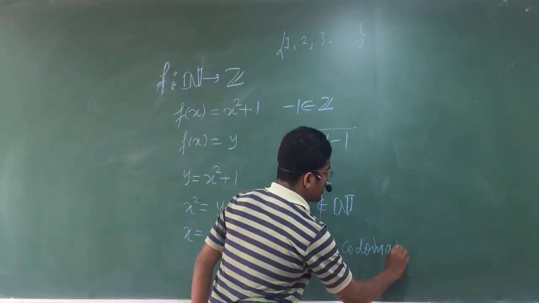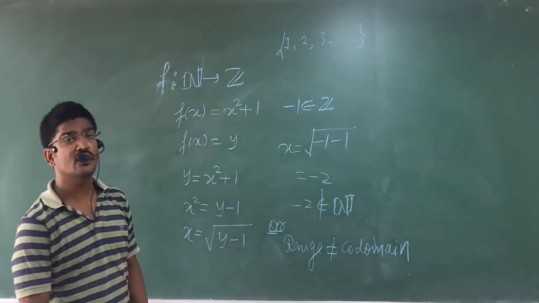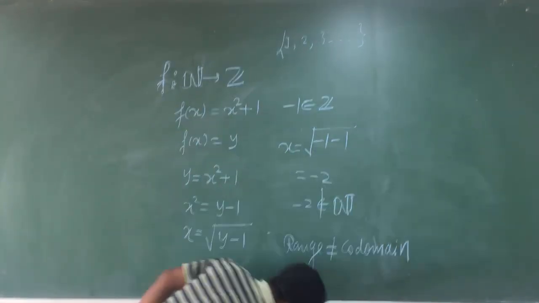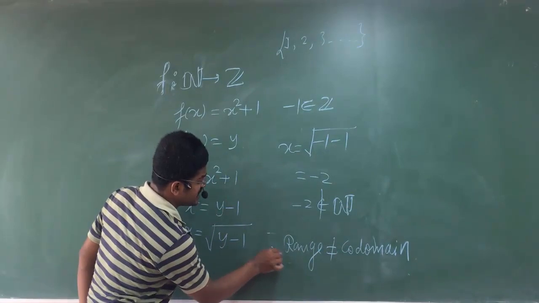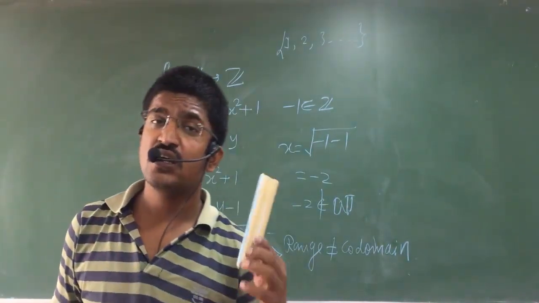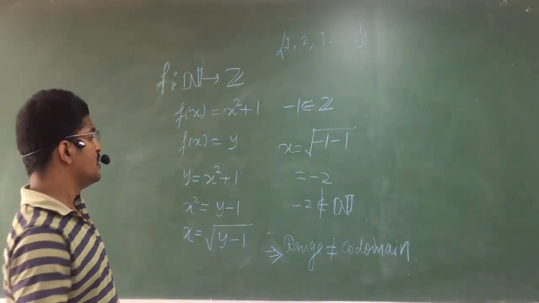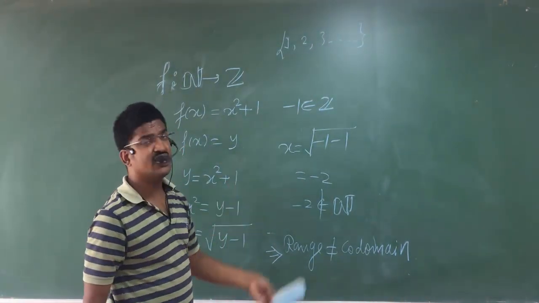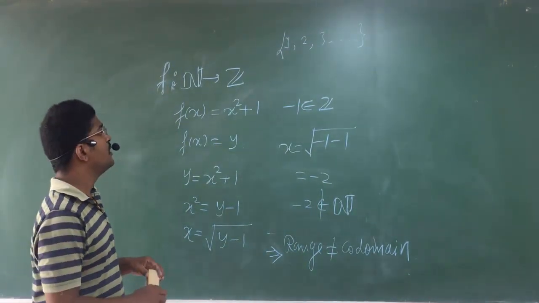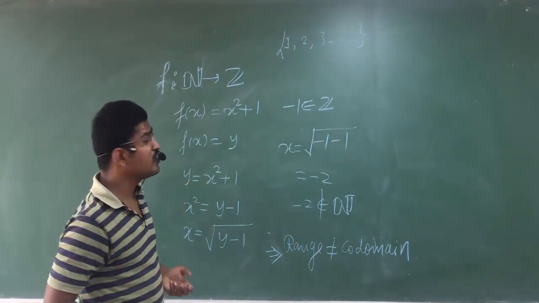After writing this, you can write that range is not equal to codomain, hence it is not onto. Okay, no problem. Again let us go for the next.